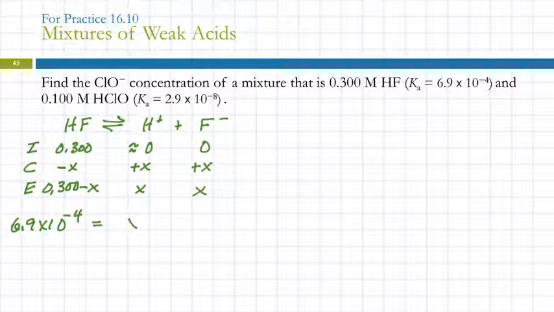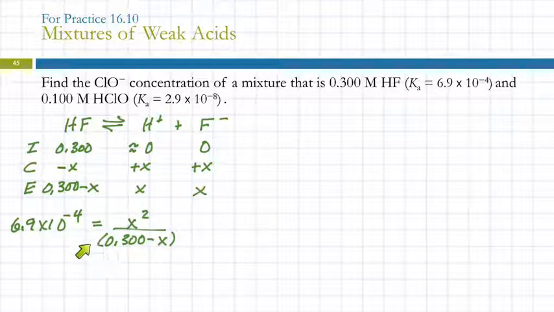That's going to equal x squared over 0.300 minus x. Are you following me fairly easily on how I'm getting that? Yeah, I think we've done it enough times.